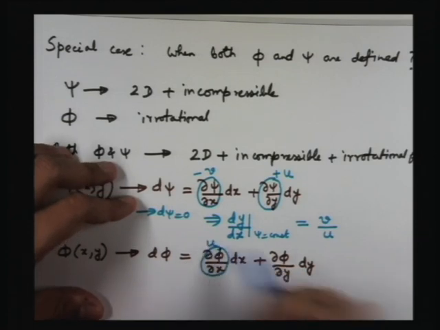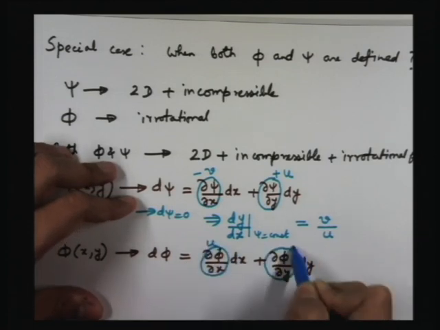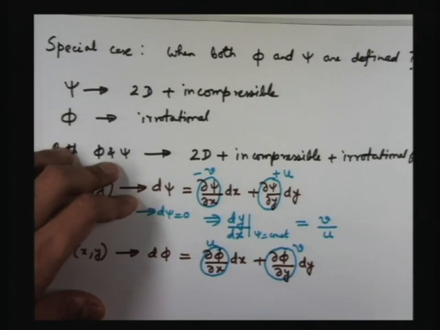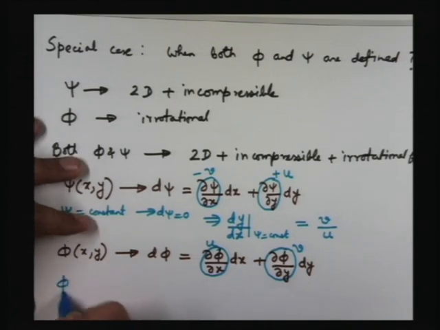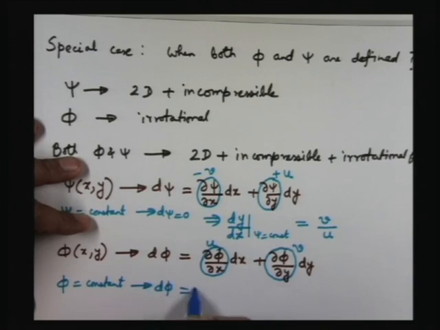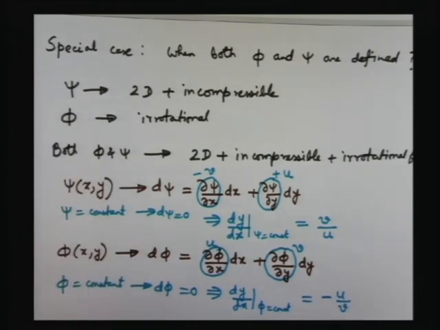This is u. And what is del phi del y? This is v. So phi equal to constant means d phi equal to 0, which means dy dx for phi equal to constant is equal to minus u by v, right?